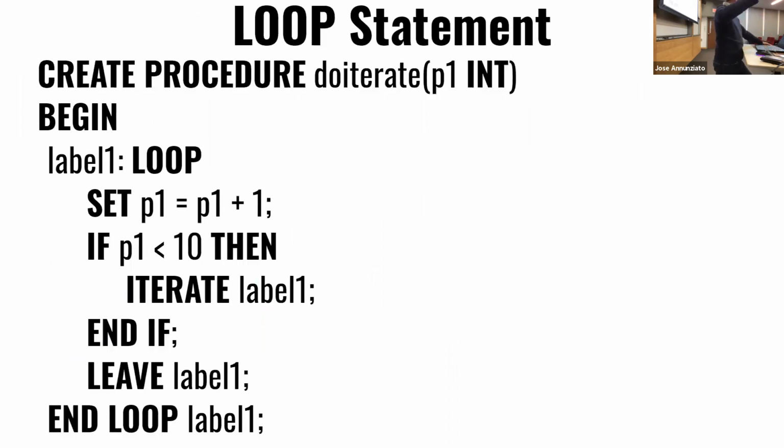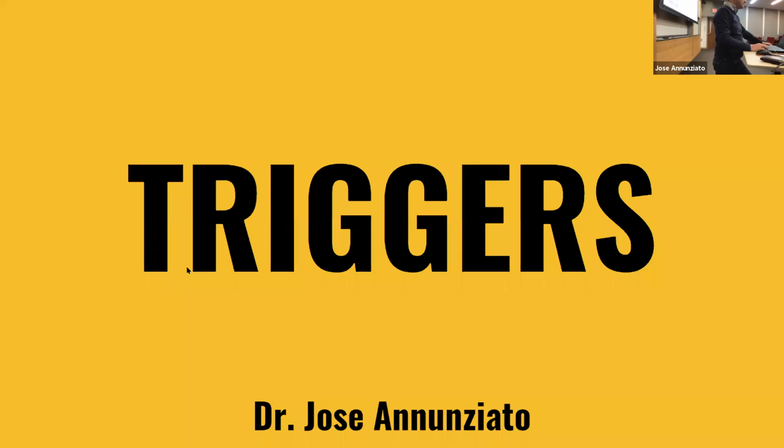This is kind of like the break and the continue in other programming languages, where you can put labels, and then you can break to that label, or you can continue to that label. Same thing here: you can iterate and jump to a different label, and you can have any number of labels that you can loop to. So leave is kind of like break, and iterate is kind of like continue.